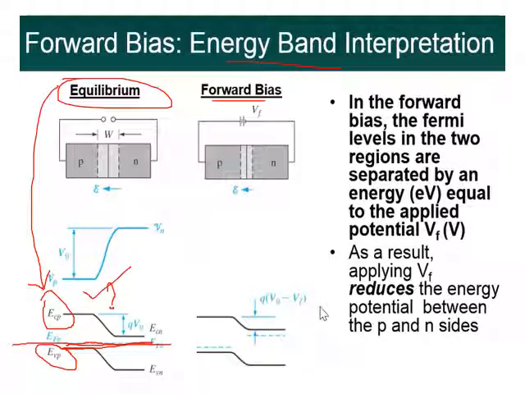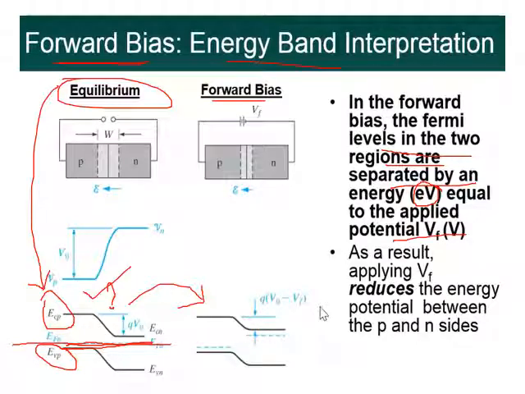Now if we apply a forward bias to the diode, what change will happen in the energy bands? That we are going to see now. So in forward bias, the Fermi energy levels in the two regions are separated by an electron volt, that is, an energy gap equal to the applied potential Vf.